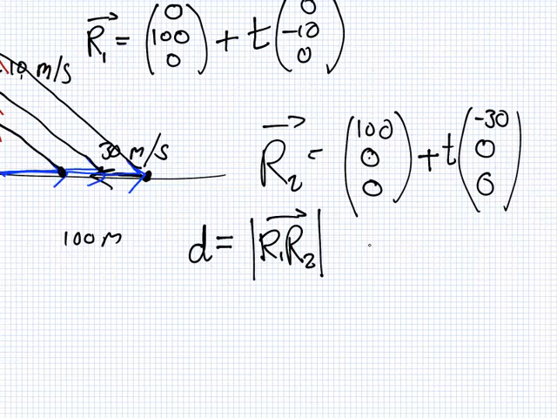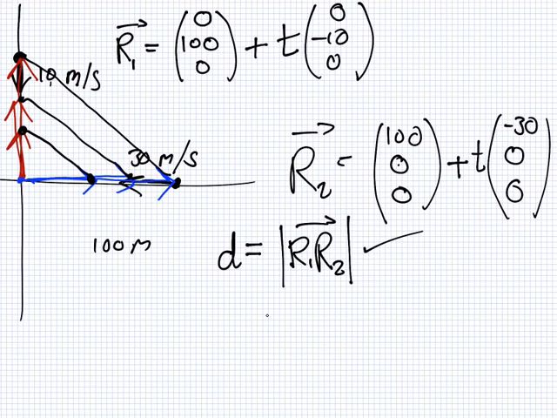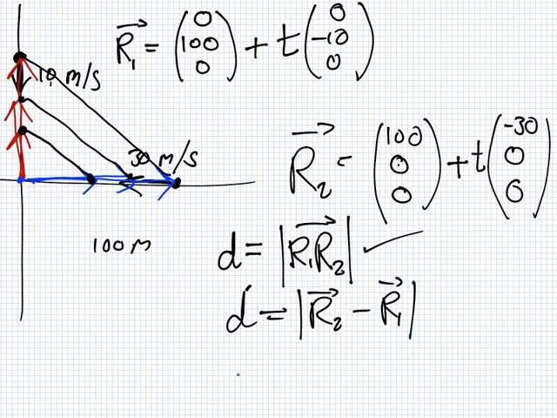Are we happy with this now? Now, as Lee said, this will be R2 minus R1. And you know what? I'm going to leave it like that for the moment, and down the next line I'm going to look at the distance squared. That would be the square of this, because I don't want the square root, but I'll put the square root back in later.